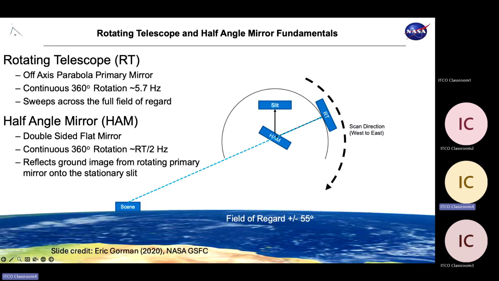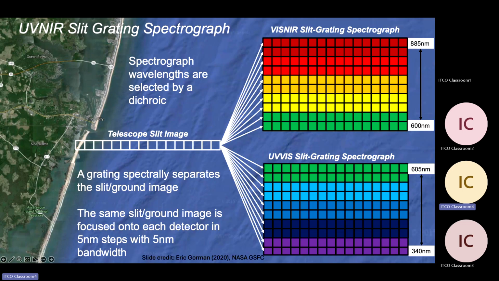We talked about the grating. The signal is split up into spectral channels after it goes through the grating, and there's this little slit that is imaged as it goes across.